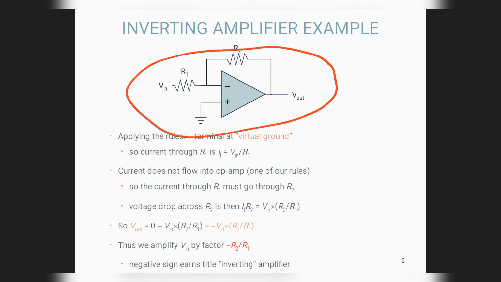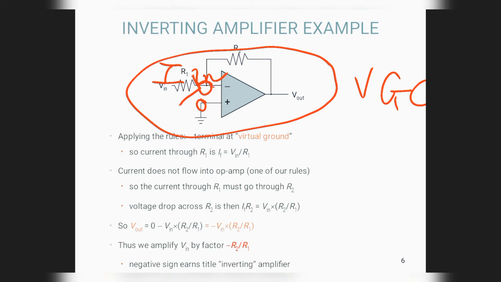So here suppose we are giving input current I in. By the virtual ground concept, we know that the potential of this point is equal to the potential of this point.